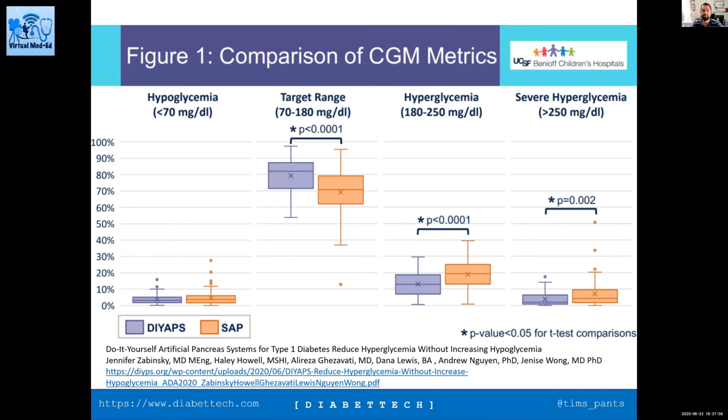And if you compare the CGM metrics that were taken off the DIY system and the sensor-augmented pump system, you can see that hypoglycemia levels are actually slightly lower than the sensor-augmented pump. Time in the target range was greater, time in hypoglycemia was significantly lower, and time in severe hypoglycemia was lower, which is exactly what you want to see.